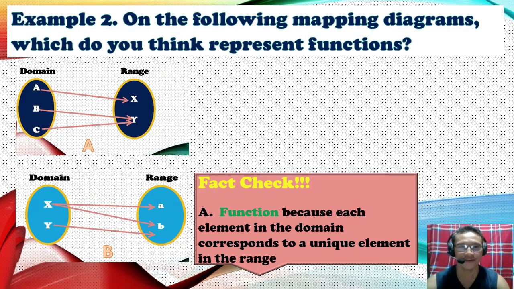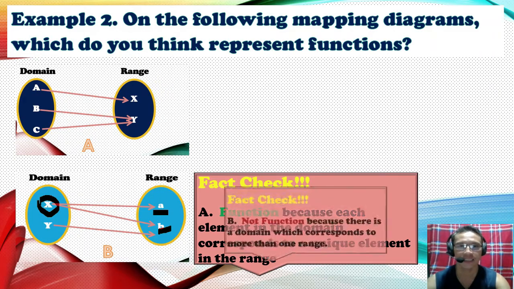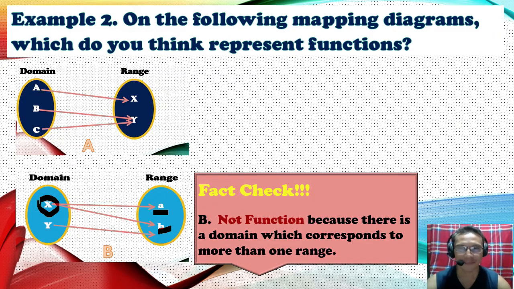So you have X here, which corresponds to A and B. So in this case, the mapping is not a function because there is a domain element which corresponds to more than one range element.